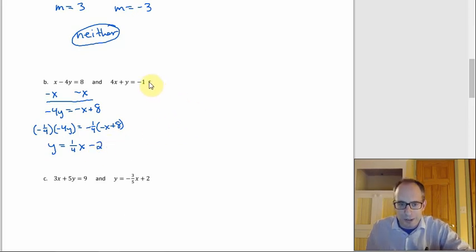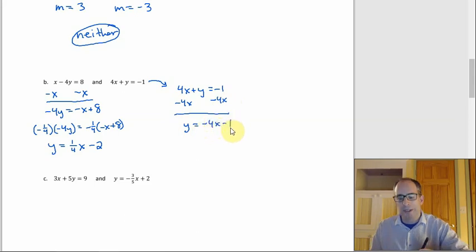All right, and then this one over here. So 4x plus y equals negative 1. It's easier to get the y by itself this time. So just subtract 4x on both sides, and we're going to get that y is equal to negative 4x minus 1 if you write that in slope-intercept form. And if you look at the slopes, we got a negative 4 here, and that first one we had a positive 1/4.